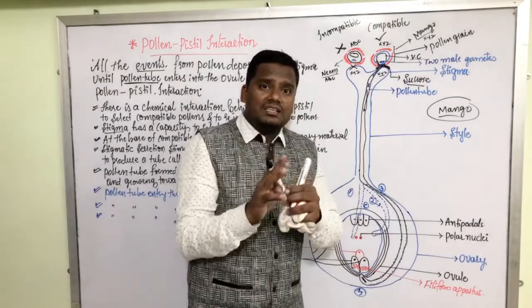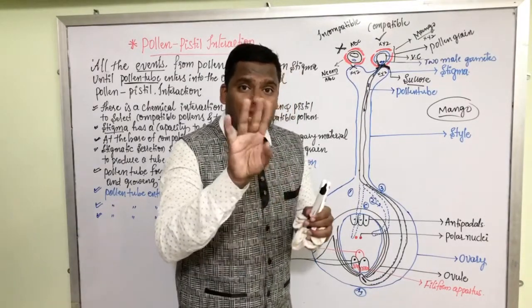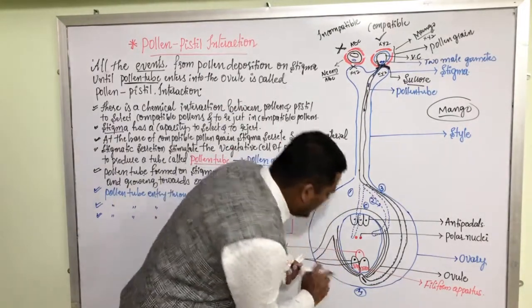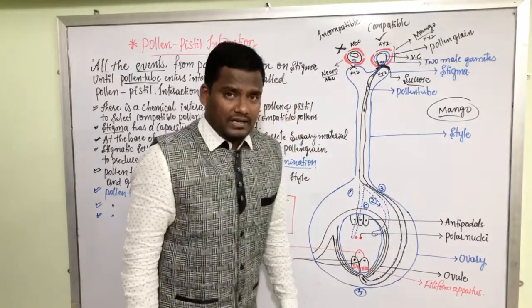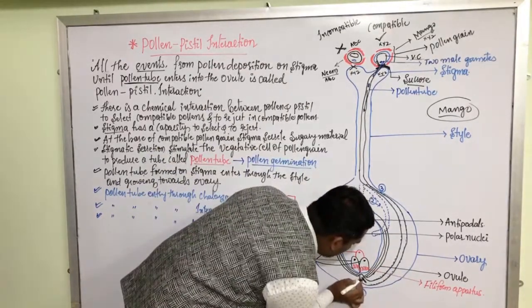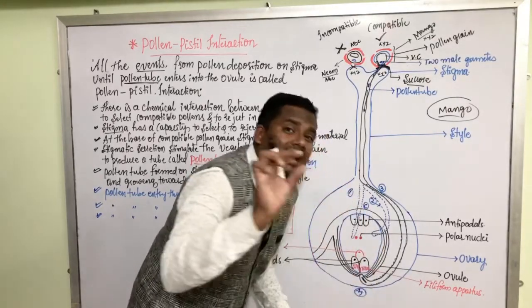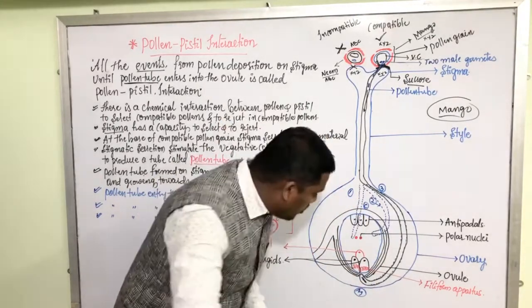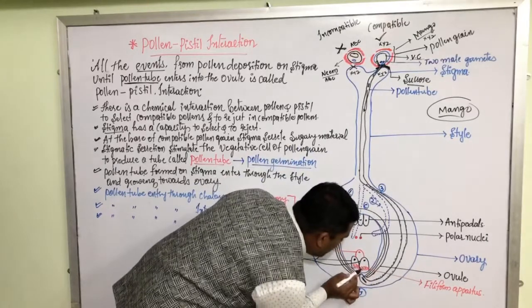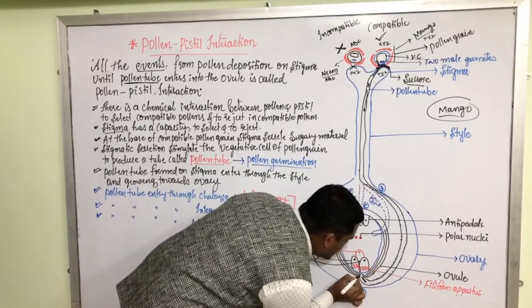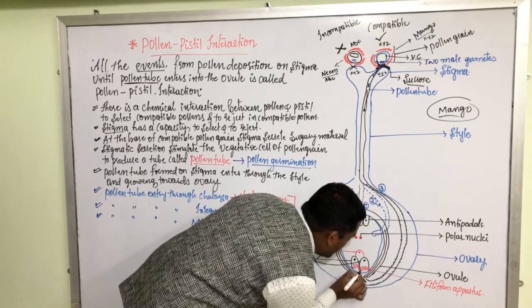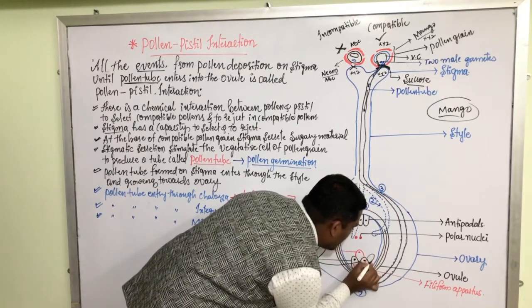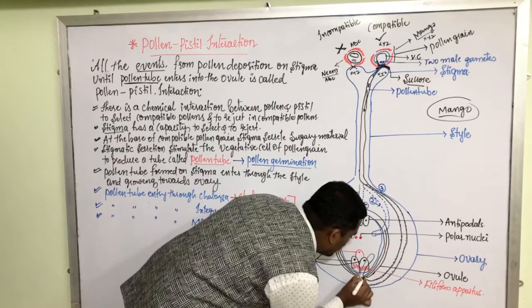Inside the synergidal cells, there are some finger-like projections. These finger-like projections are nothing but filiform apparatus. The filiform apparatus guides the pollen tube to enter into the ovule.